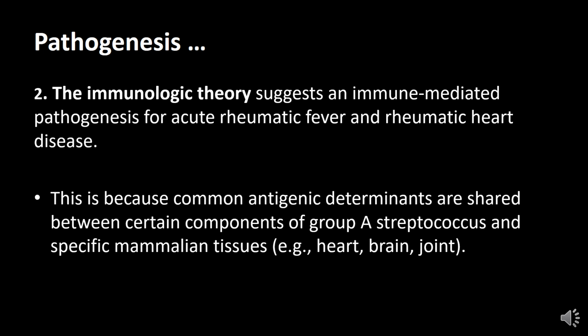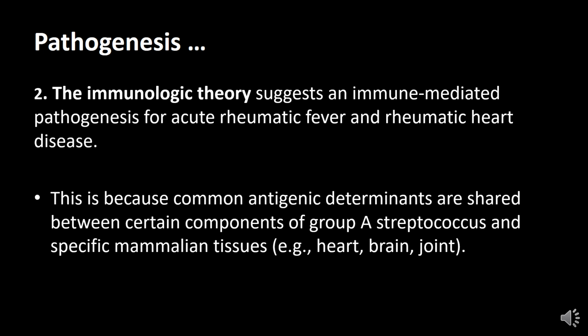What that consequently leads to is this, that when there is a close resemblance between the components of the streptococcus and cells and tissues in the human body, it means that when the immune system is triggered or it is responding to the infection, antibodies will be produced.